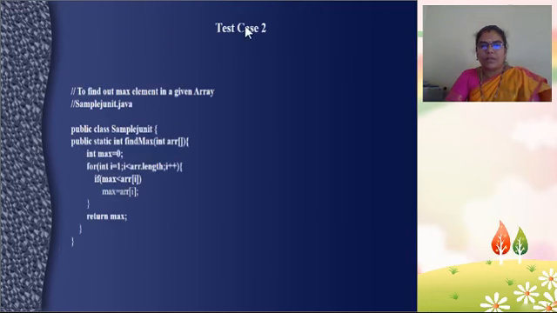Likewise, test case 2 is described here. This program is used to find out the maximum element in a given array. The understanding we are describing in these JUnit test cases is this.